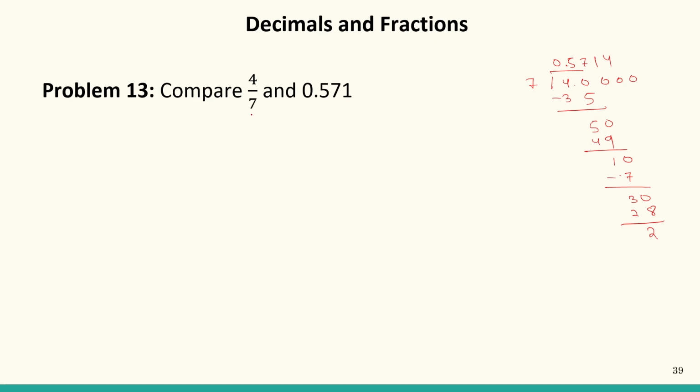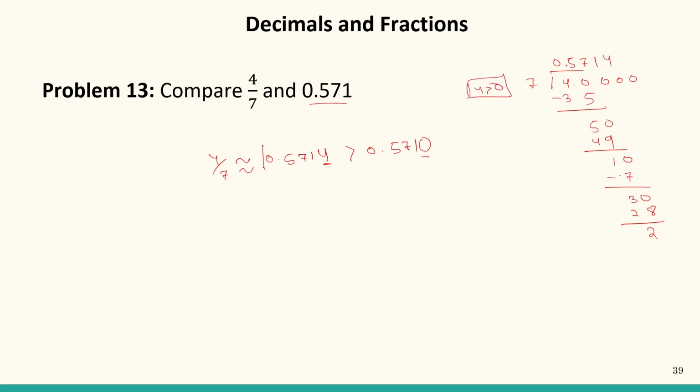So here what we have is 0.5714. So 4/7 is equivalent to 0.5714, and the number we have down here is 0.571. Since 4 is greater than 0 clearly, right?